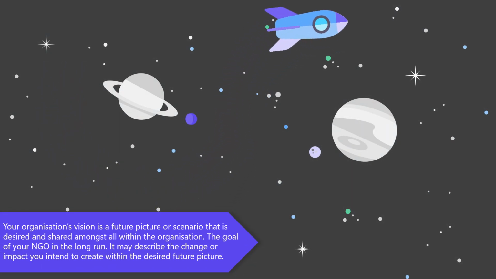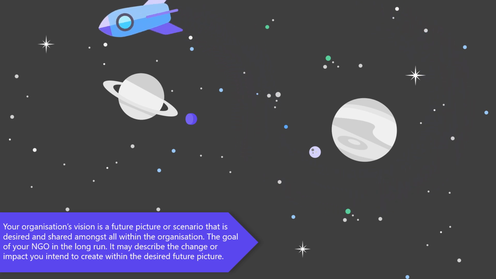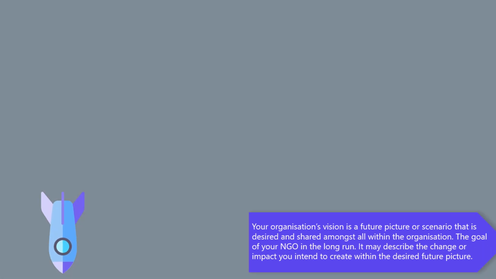Your organization's vision is a future picture or scenario that is desired and shared amongst all within the organization. The goal of your NGO in the long run. It may describe the change or impact you intend to create within the desired future picture. It is quite likely that your organization's vision encompasses elements of your organization's core values.